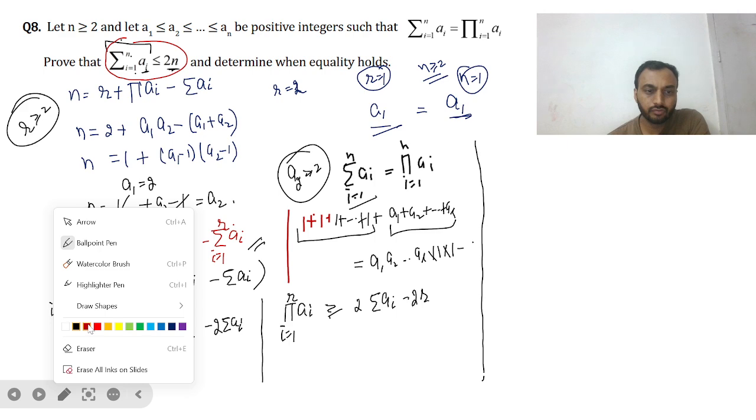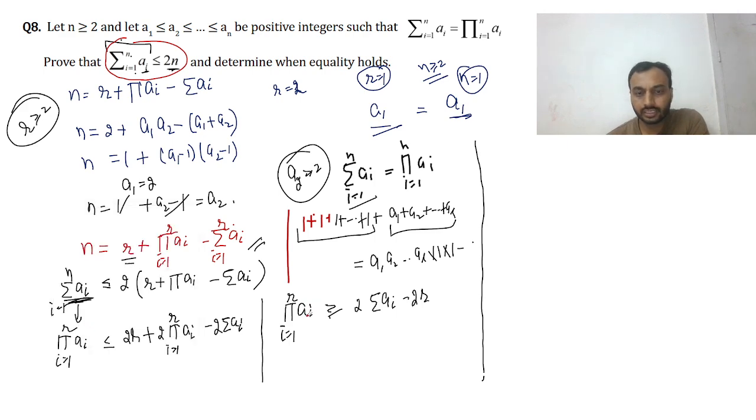The minimum value of the left hand side is basically a1 up to ar, that is greater than or equal to, if I put every number as 2, because all are greater than or equal to 2 except the last number, 2 power r minus 1 times ar, right? So this is the minimum value of the left hand side.